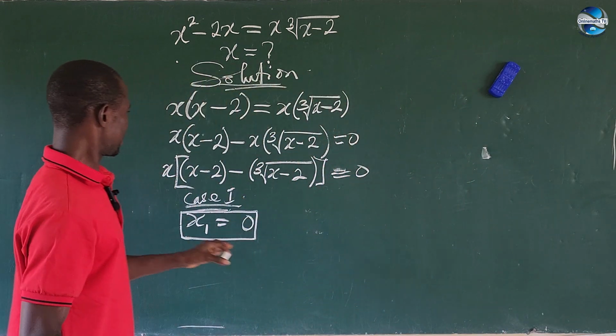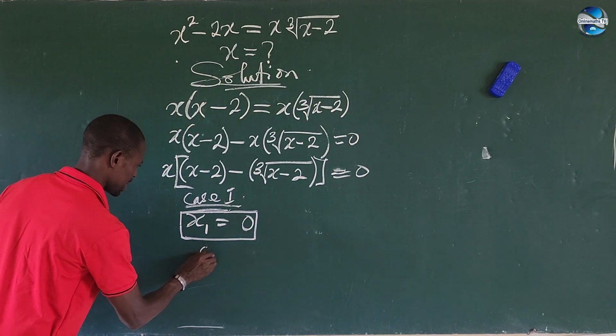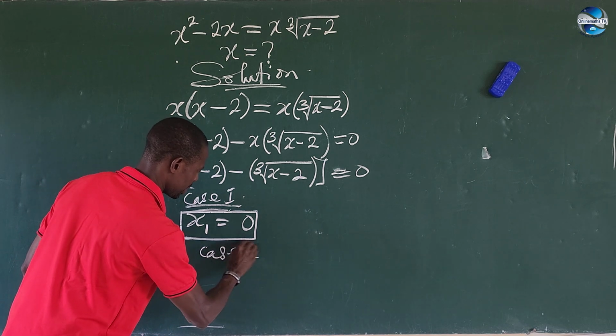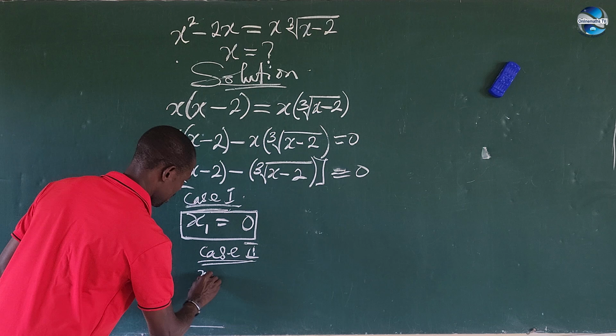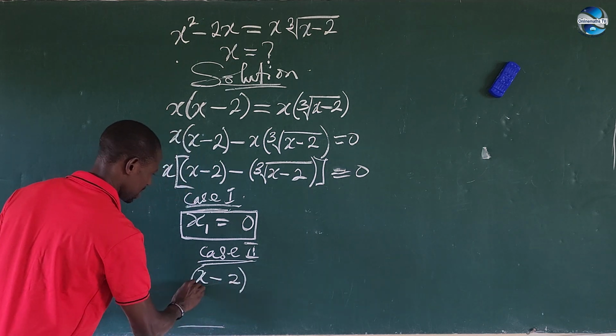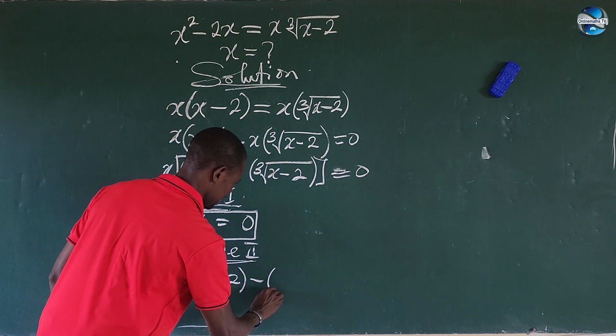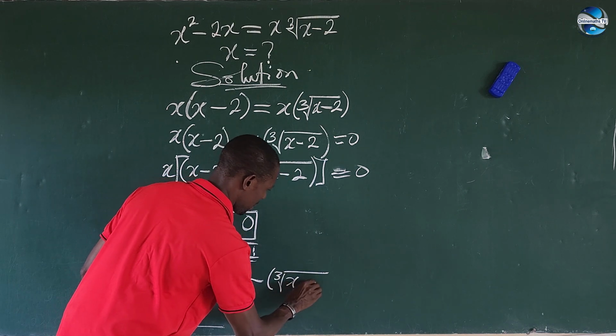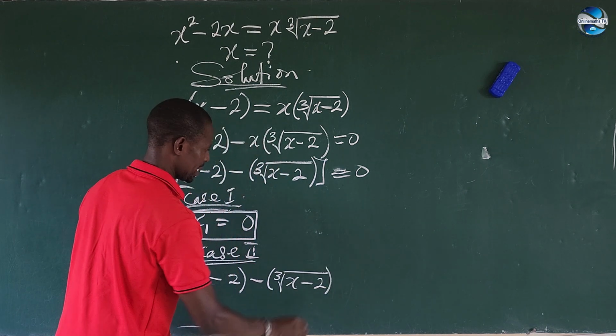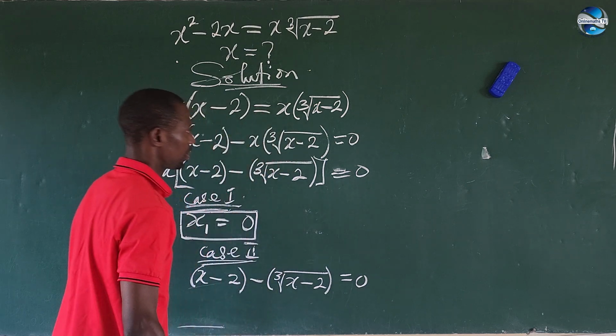So let's go ahead and take case 2. Case 2 here. What's our case 2? Our case 2, we have our x minus 2. Let's put this in bracket, minus bracket, the cube root of x minus 2, close bracket, equal to 0.